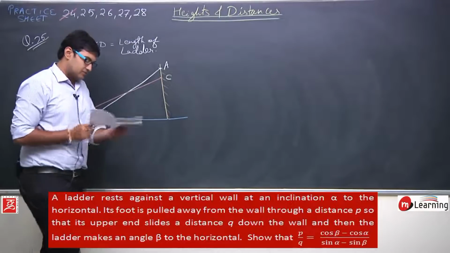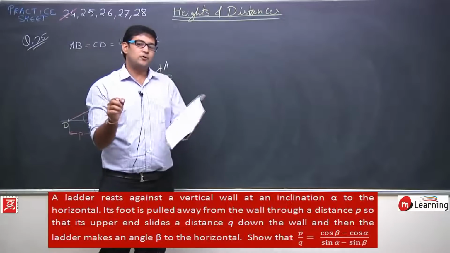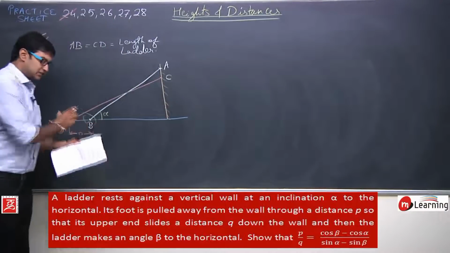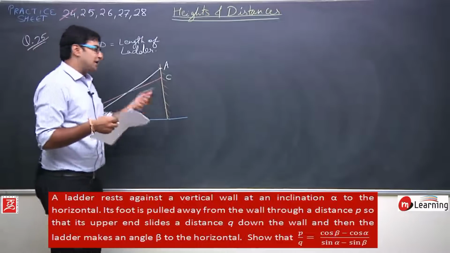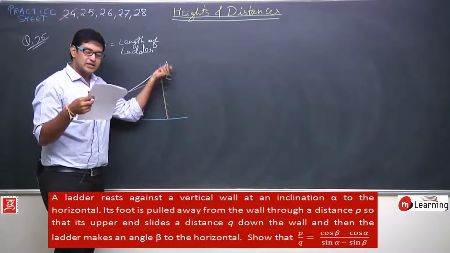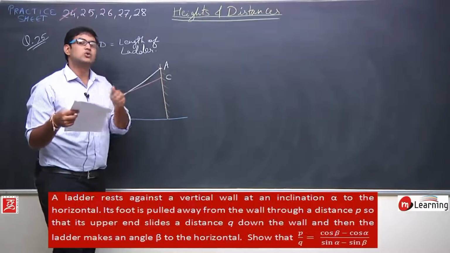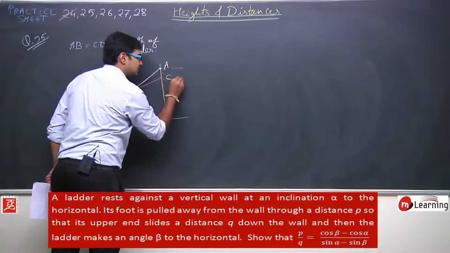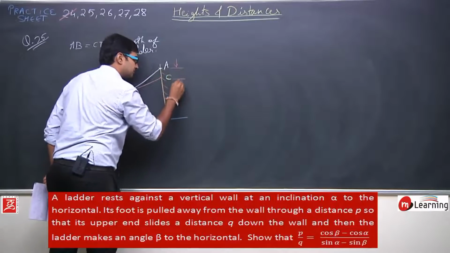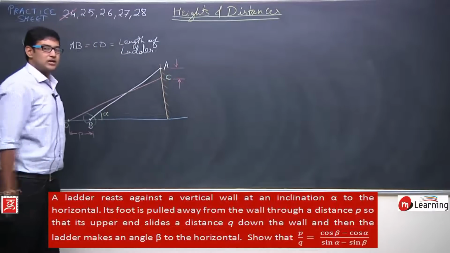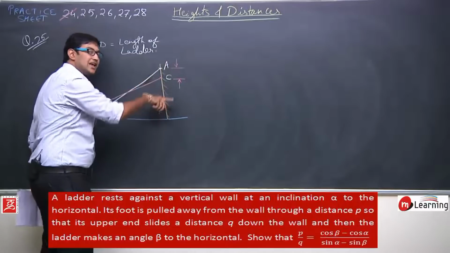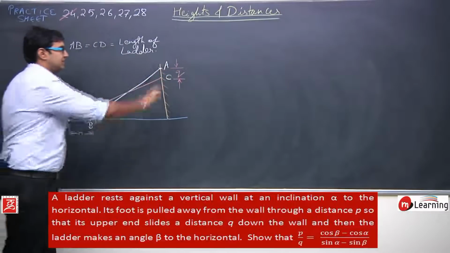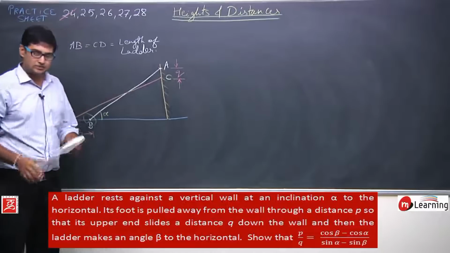If you pull the foot of this ladder by a distance of p units like this, then its upper end slides down a distance q units. So the distance by which this point A slides down is q units. So this AC length is q units.